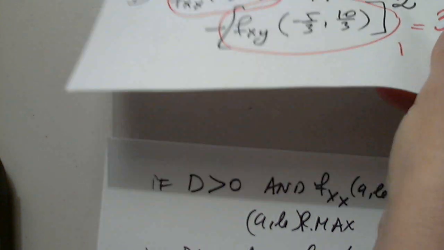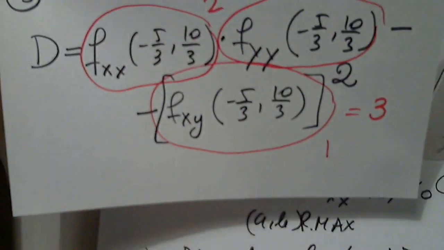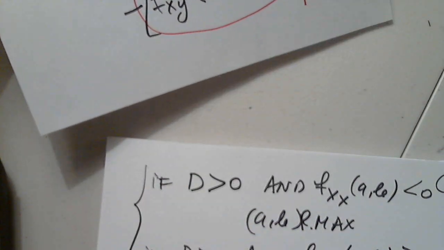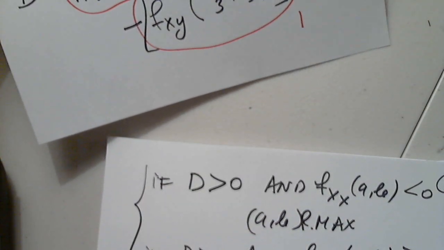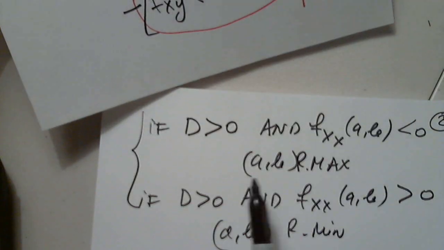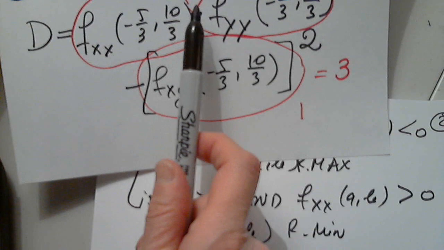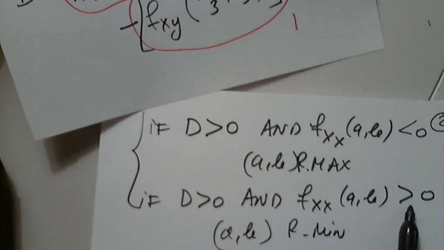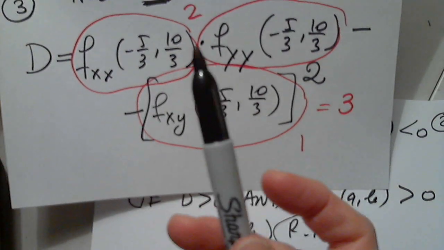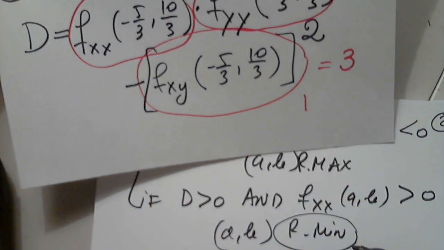So now we have to draw a conclusion. We determined that D was positive, so we are here. D is not negative and D is not 0. So then I am checking Fxx. Because Fxx is a positive number, I will say this function has a relative minimum.